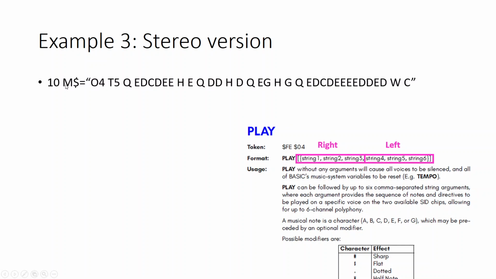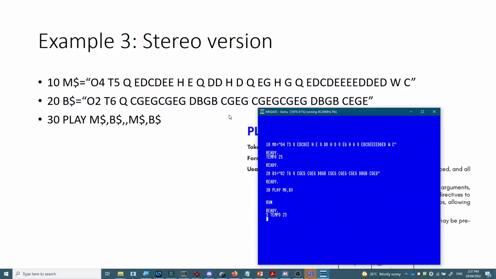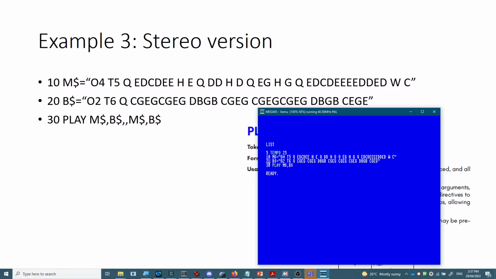But again, we can use the same melody we had before in the $M and the bass line in the $B, but this time we can spread that melody across the right biased and left biased channels. So let's give that a try. I'll just clear this and list it. So here we've got a melody playing on channel 1, which is right biased, bass line playing on channel 2, which is right biased.